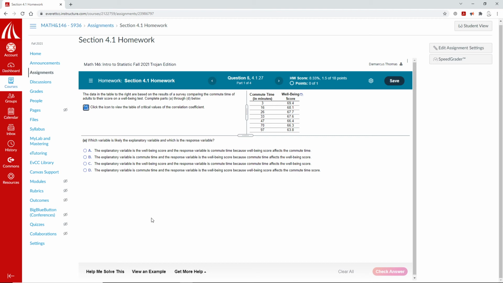The time will be on the x-axis. So I will pick that the commute time will be explanatory and the response variable is well-being because of this.